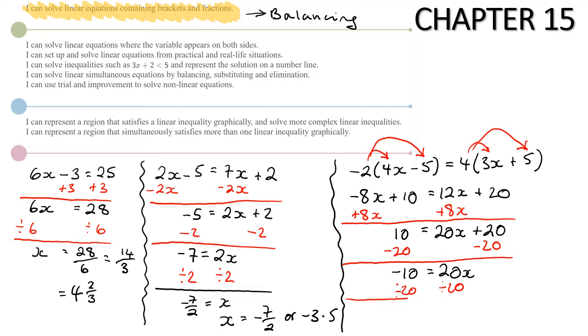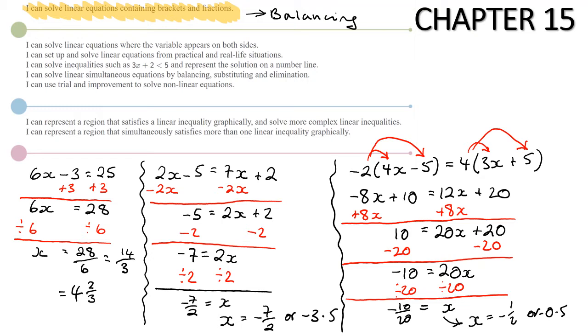And then I will have x on this side, and negative 10 divided by 20, which you can just flip around and simplify, and that becomes minus a half, or minus 0.5. So that's solving linear equations.